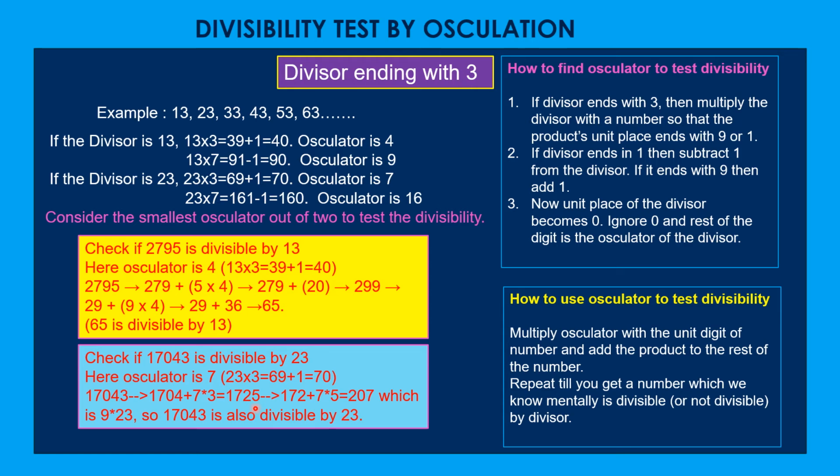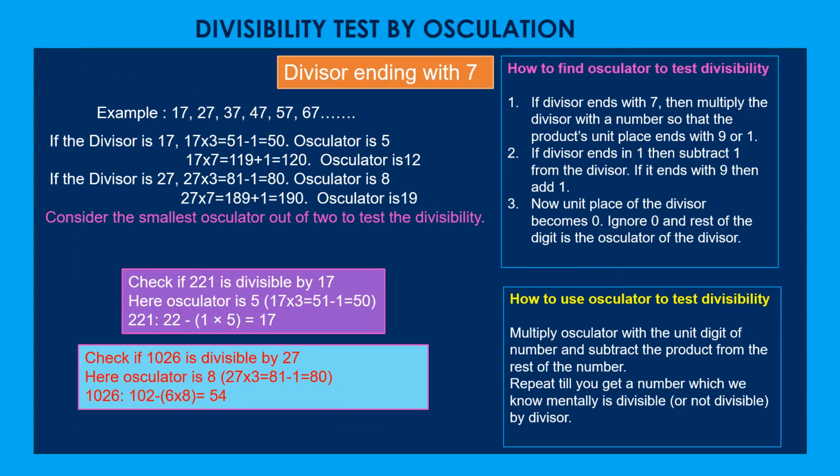So you repeat till you get a number which we know mentally is divisible by the divisor. So in the end we got the number 207. So 9 times 23 is 207, and hence your number 17,043 is divisible by 23.